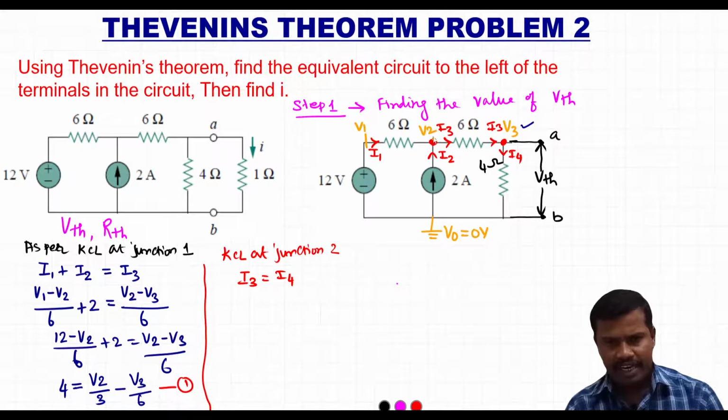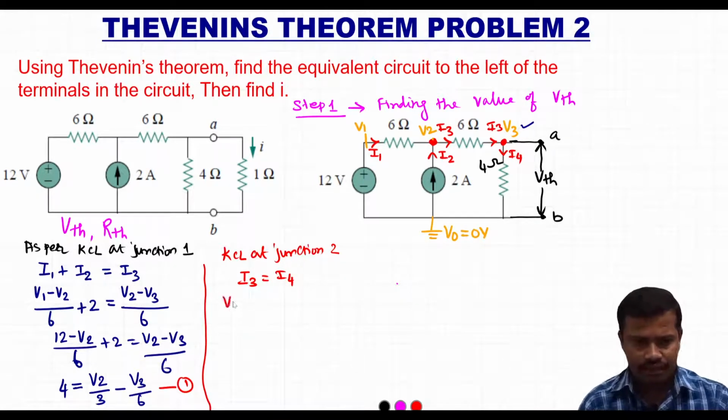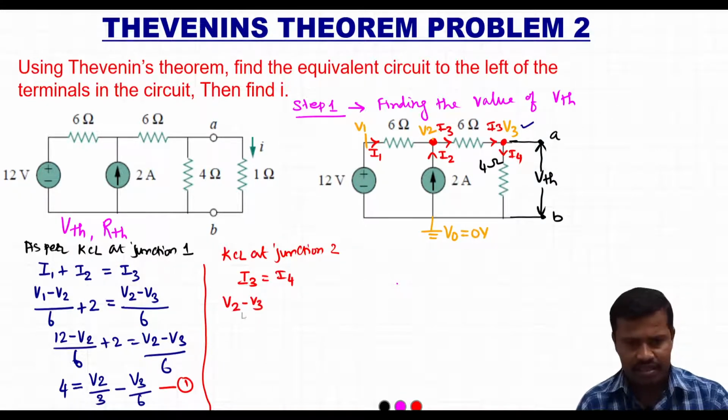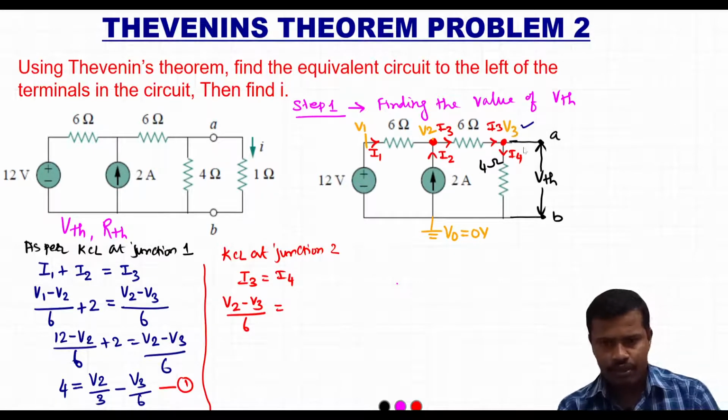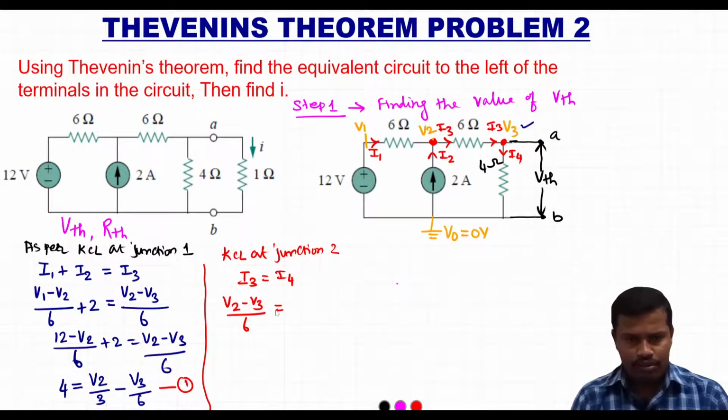As per nodal analysis, the potential across the 6 ohm resistor is V2 minus V3, divided by the resistance value 6, which is equal to I4. I4 is equal to V3 minus V0, and V0 is equal to 0 volt, so we can leave it. So the value is V3 minus 0 divided by 4.